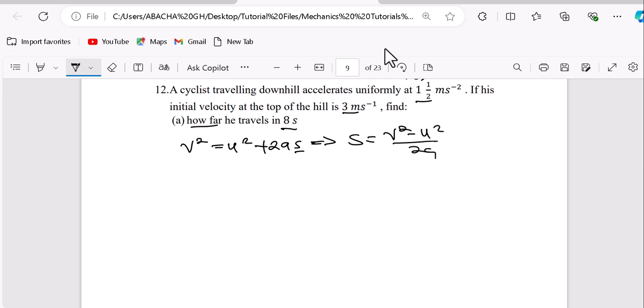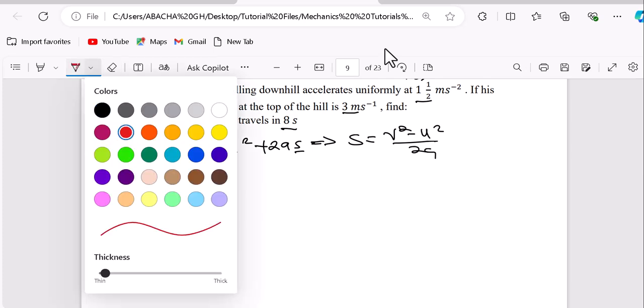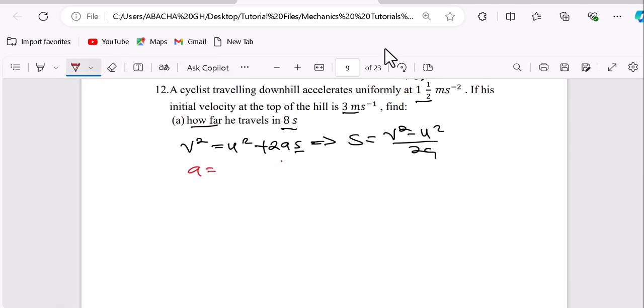But from the question, our a, that's our acceleration, is 1.5 meters per second squared. Our u is 3 meters per second, and then our time is equal to 8 seconds.